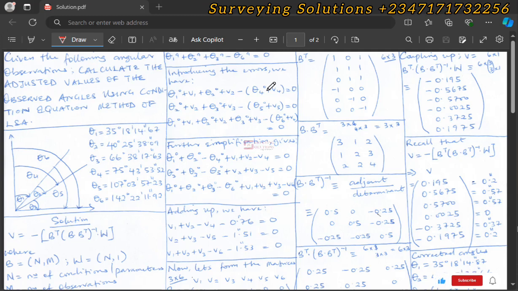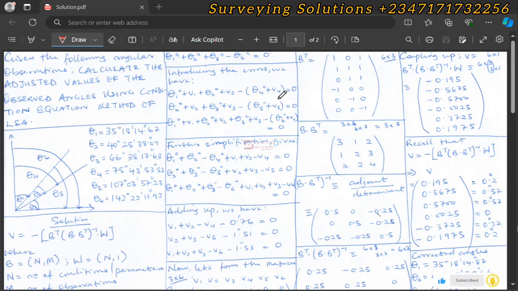Remember we told you some minutes ago why we have a bracket, right? Good. Now this minus has opened this bracket. Therefore we now have theta 1 observed plus theta 2 observed minus theta 4 observed, right? Plus we have the residual v1, v2 and minus v4, because this minus has effect on everything that is inside of this bracket, and this theta 4 and the v4 are all inside of the bracket.